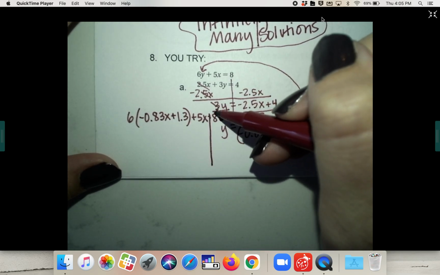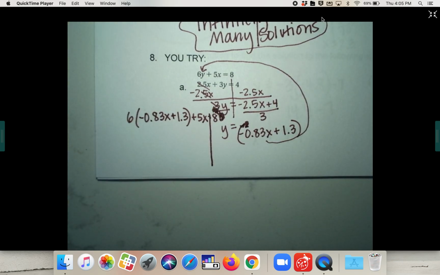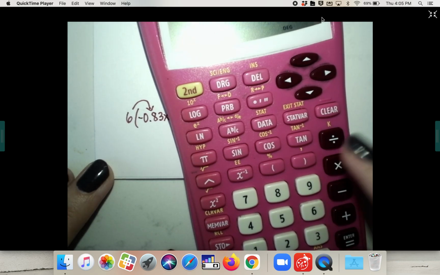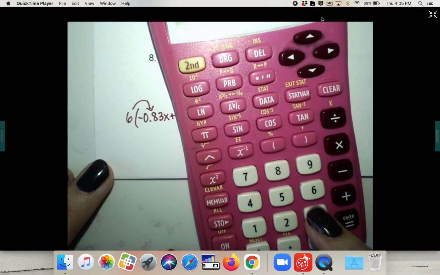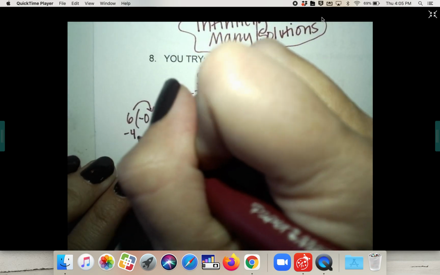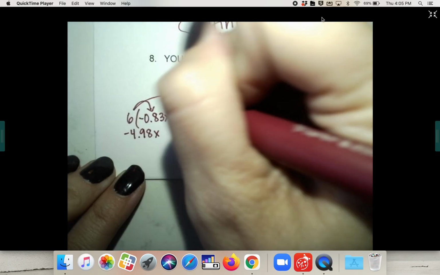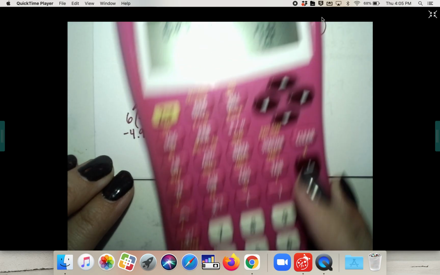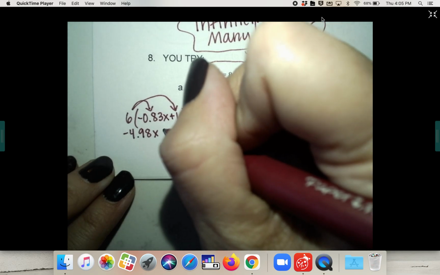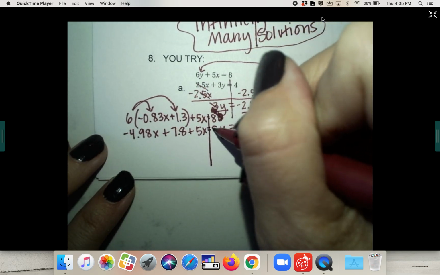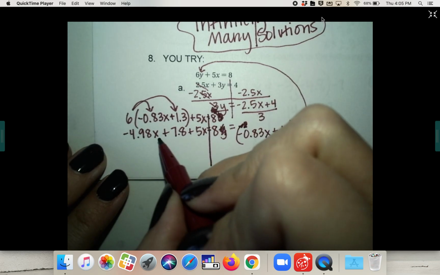All right, let's distribute. 6 times negative 0.83 is negative 4.98x, 6 times 1.3 is 7.8, plus 5x equals 8.